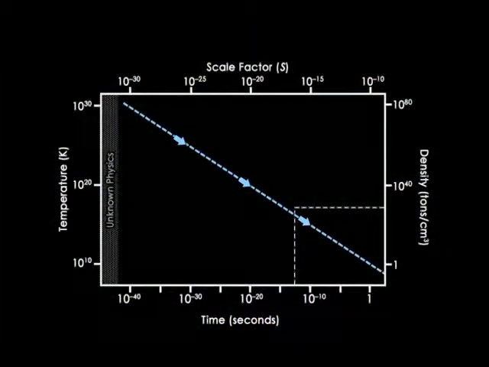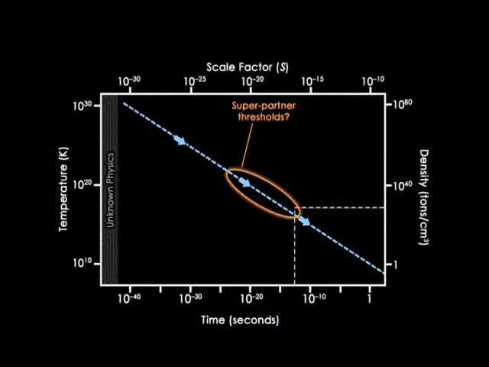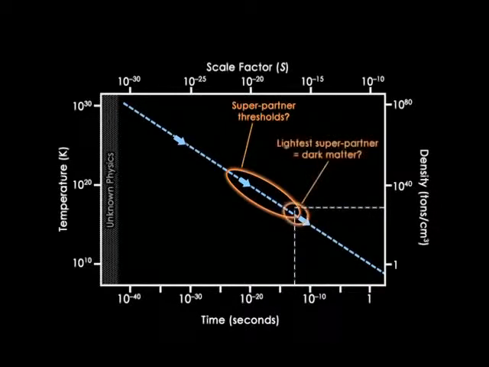Back to our time-temperature diagram, there are reasons to place the superpartner particles around here, and perhaps the lightest one arrives here. Ultimately, these particles emerge with all the rest as dark matter, providing, as we saw in earlier lectures, the scaffolding on which stars and galaxies and the galaxy web later form.